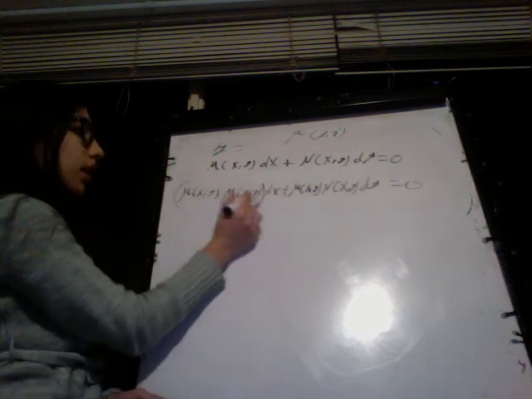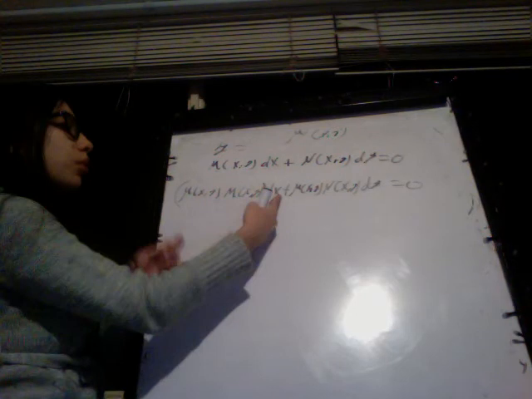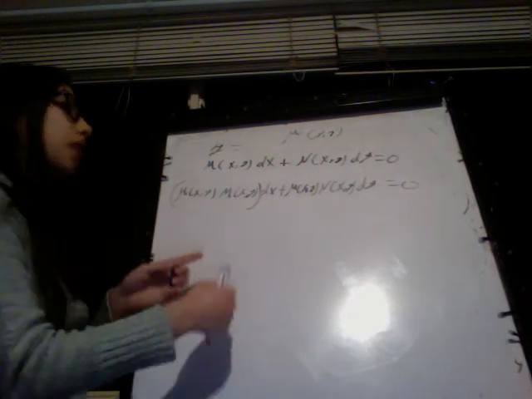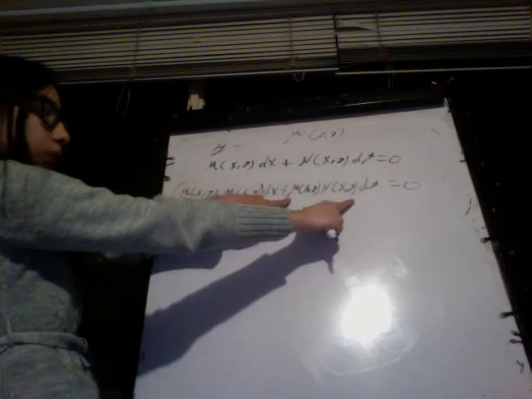And we know that this is exact, so the partial derivative of what is multiplied by dx, with respect to y, is going to be the same as the partial derivative of what is multiplied by dy, with respect to x.